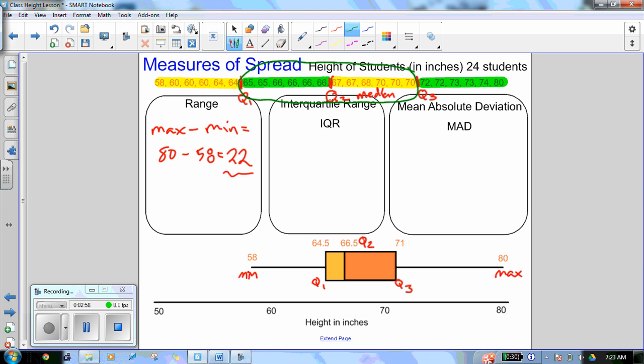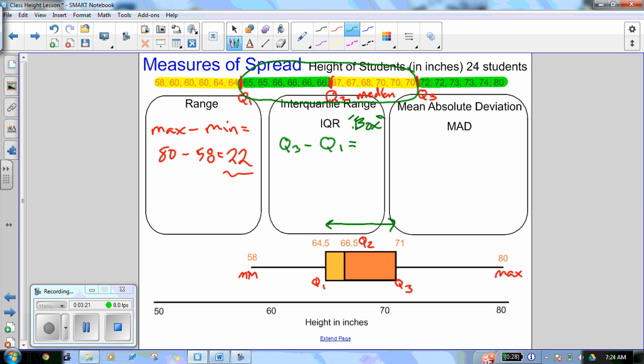So to do that, we take Q3 minus Q1. We want to know how big is it from here to here. What's the range of this middle 50%, the box? So maybe I'll just put that here. What's the range of the box?